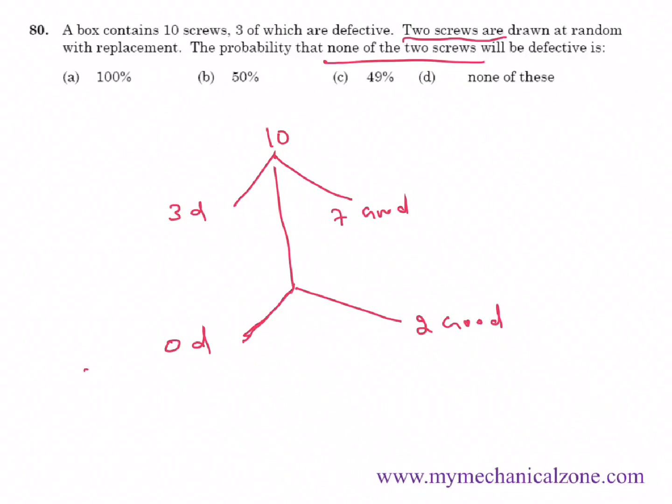So 7C2, out of 7 good, 2 you have to draw, and out of 3 defective, 0 defective you have to draw, divided by 10C2, totally 10, out of which 2 we have to draw.